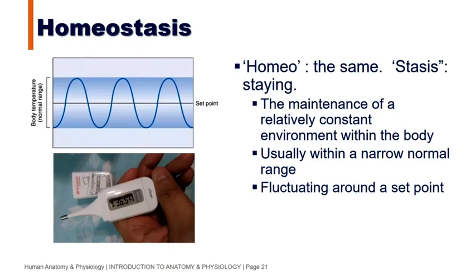As you can see from here, we have our body temperature, which is at normal range, set at 37 degrees Celsius. And then below, we have our temperature badge that shows 36.5. So my temperature at that point was below the normal range.